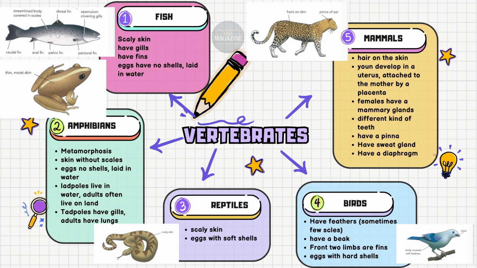Vertebrates have a backbone or vertebral column. That's why all these animals shown are categorized under vertebrates. The vertebrate category we can divide again into five subgroups: fish, amphibians, reptiles, birds, and mammals.